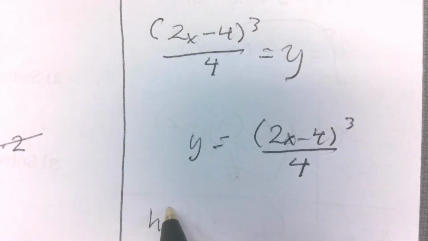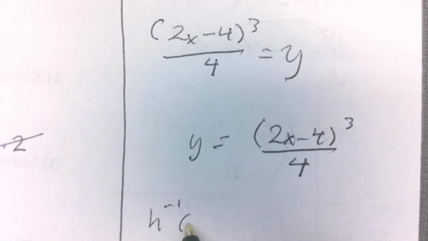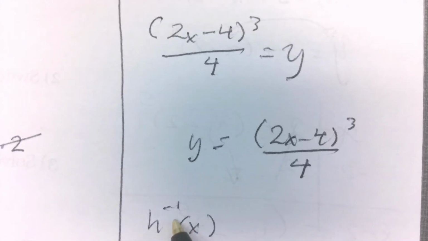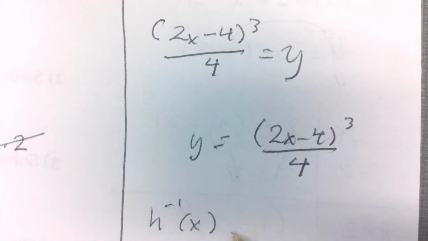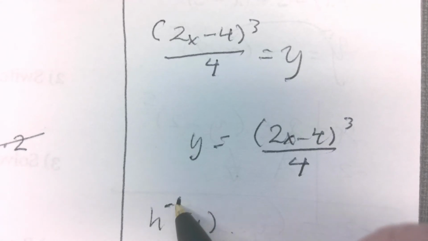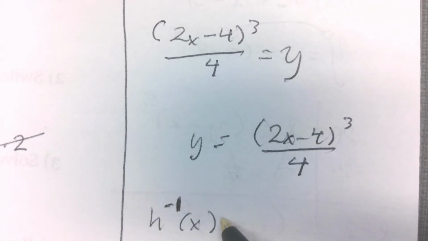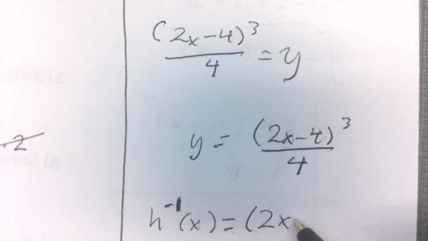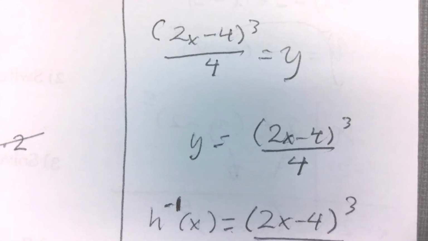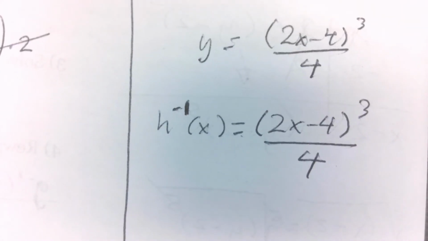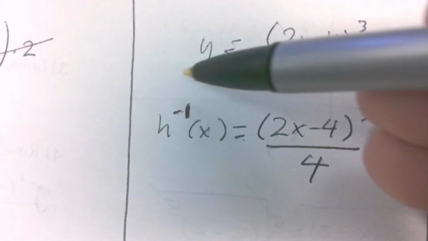Yeah, h, and we have to have the little inverse of x. That means it's the inverse. What's that, a -1? Yeah, it's a -1 power, but it's a label on this situation. And you are done.